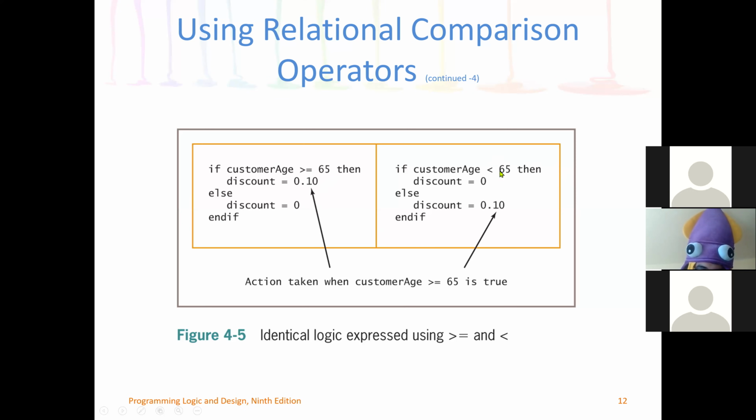But here, since the condition is already checking if it's less than 65, if it's true, then the discount is 0. So the else section will be when the discount is 10% or 0.10. And 0.10 discount means the person is, again, 65 years or more.